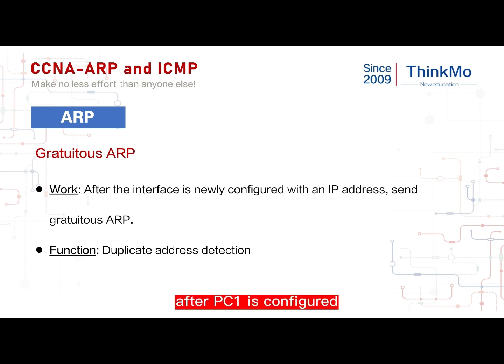After PC1 is configured, for the outbound packets PC2 received, it needs to reply to PC1. In the same way, for the current device, when it receives an ARP request, it should give a reply. We just configured 1.1.1.3, so it will reply 1.1.1.3.